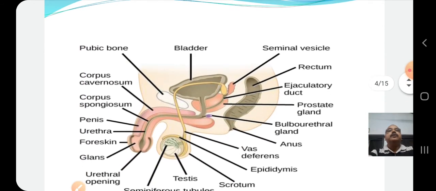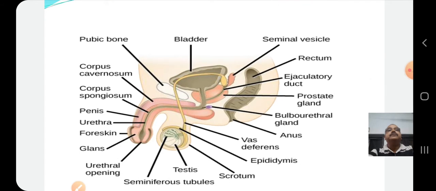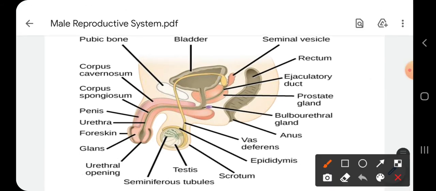This is the diagram of the male reproductive system. You can see here is the testis present inside the scrotum, the pouch of skin. Inside the testis there are seminiferous tubules.